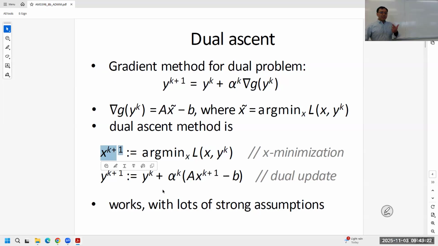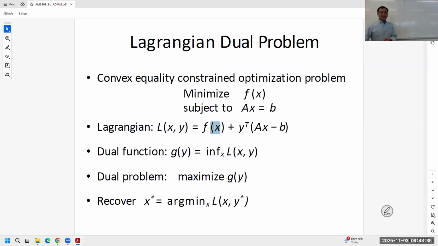Then we do the maximization on the dual problem. We're going to maximize g of y. What this does is we plug x_{k+1} into the Lagrangian function, because we know x_{k+1} minimizes this function.